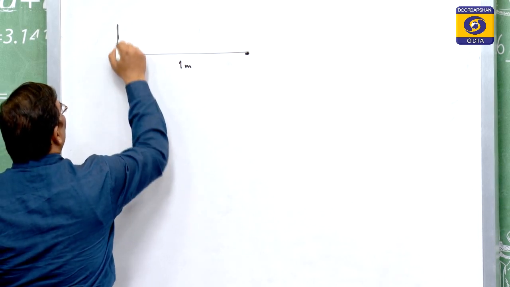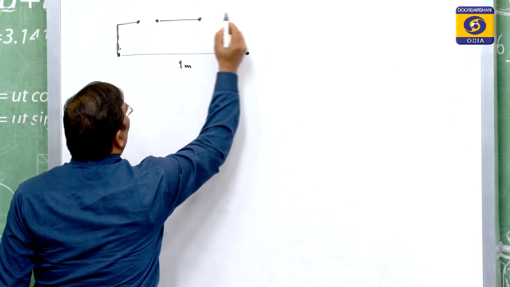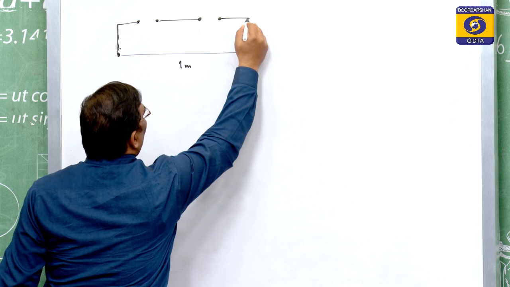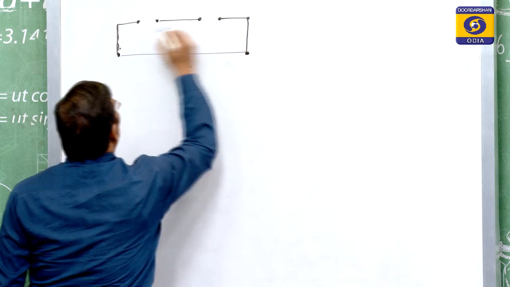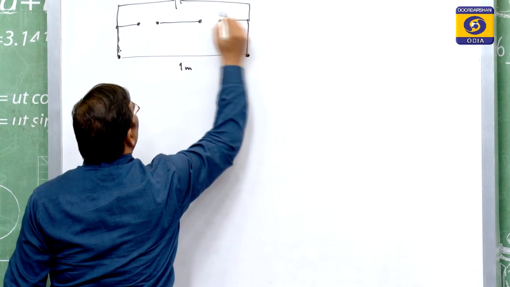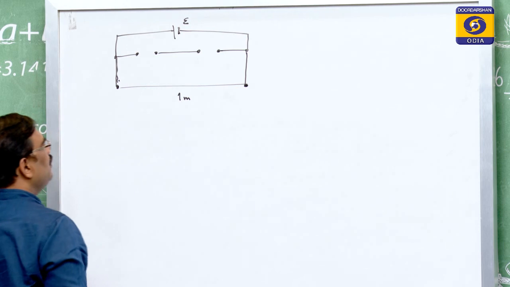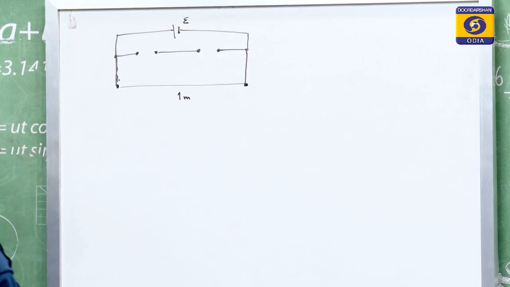Now, suppose I have 2 gaps and here there is a biasing voltage E. E is the biasing voltage to the network.